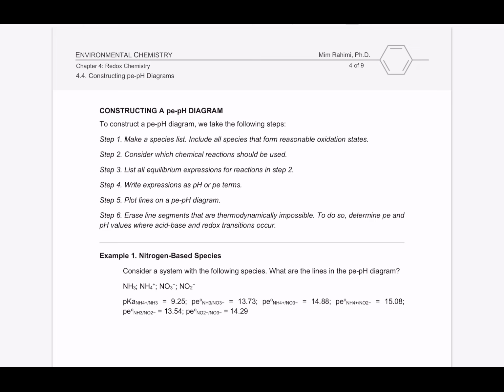This is either given or we know how to do that, how to identify what species we have based on what we've learned before. Then we look at the oxidation state to identify how these species are related. Again, this might not be clear, you'll see that soon. And then consider what kind of chemical reactions we should use.